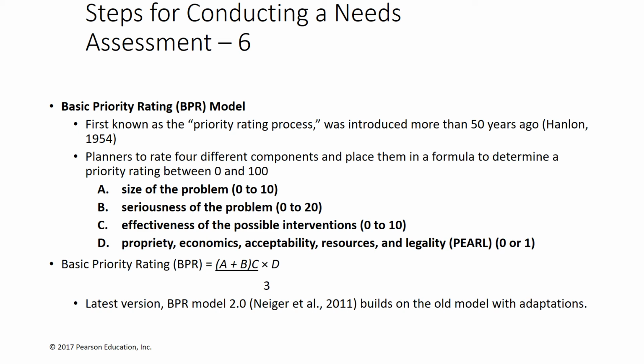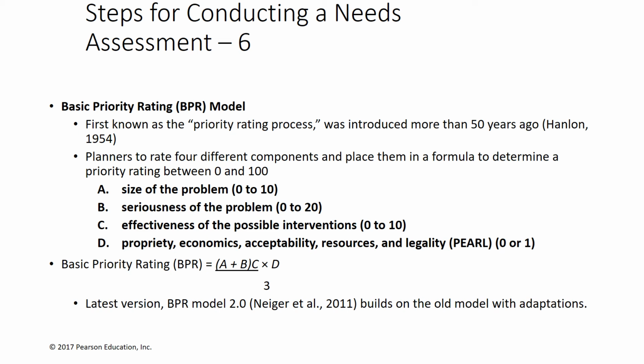So size of the problem, you would look at incidence and prevalence, the distribution, and then the seriousness of the problem. If we're talking about the common cold, how serious is that compared to, say, tuberculosis? There's a difference in seriousness, so you would scale that.